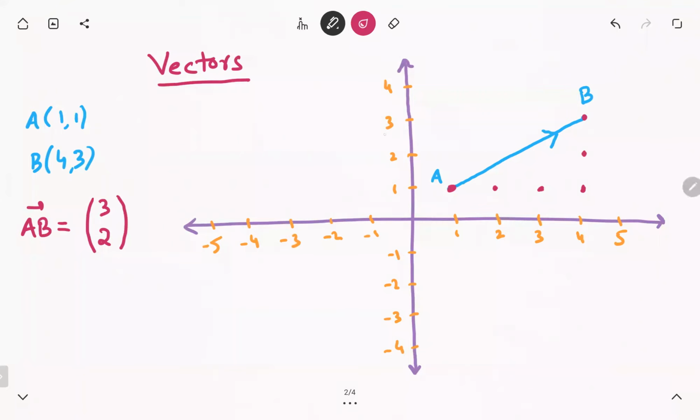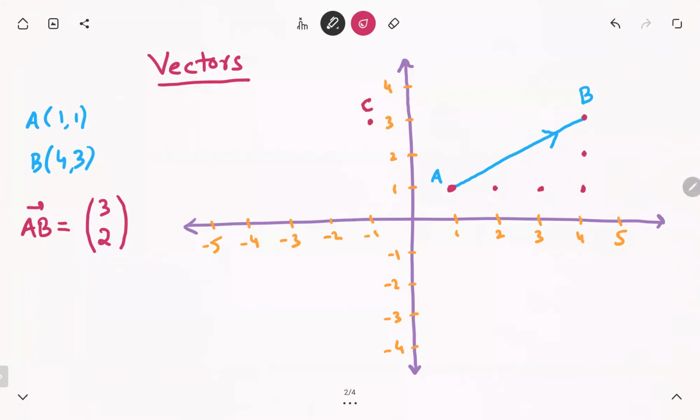C is a point here whose coordinates are -1, 3. This is the point C. Its coordinates are -1, 3. There is another point D whose coordinates are -4, 0.